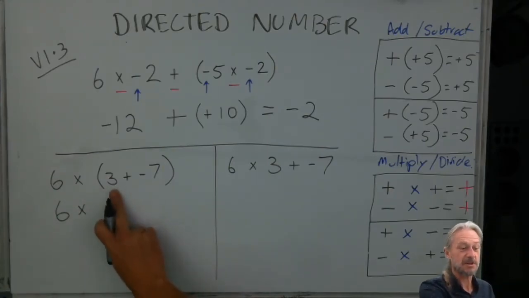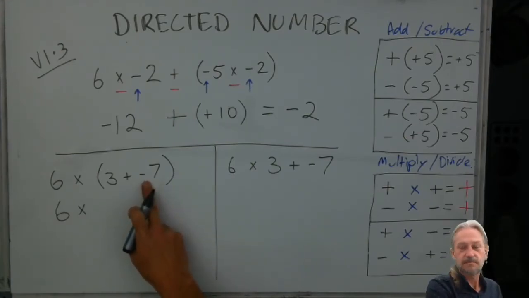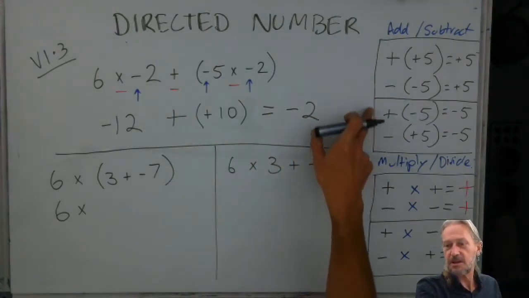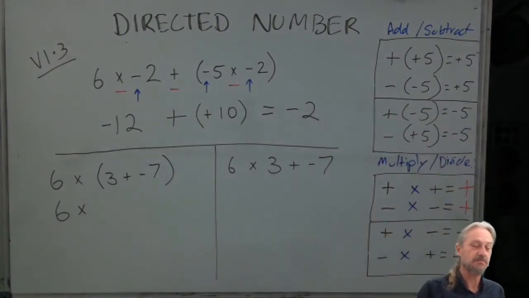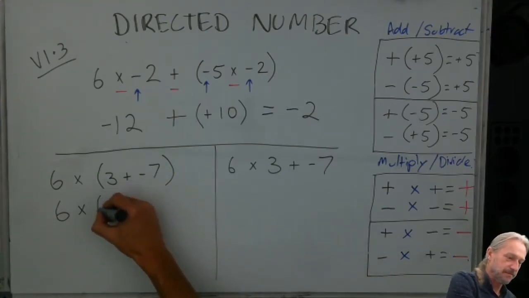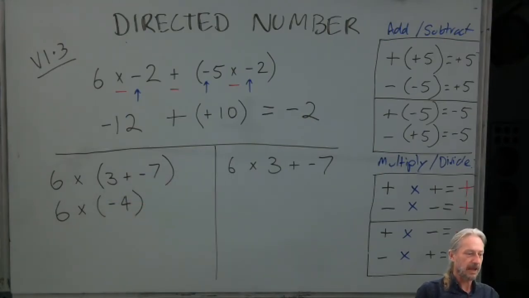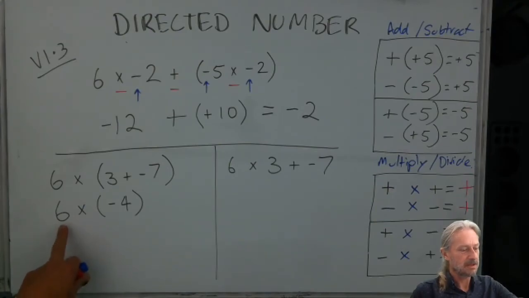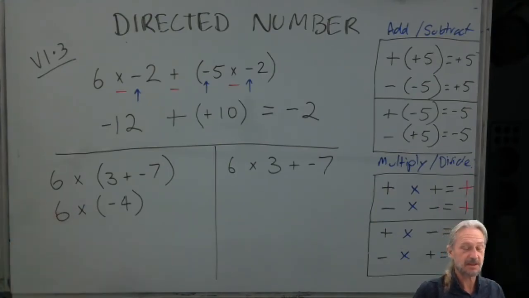So over here, I'm just going to rewrite that 6 times, and we'll see what we get here. So we're starting at +3, and we're taking away 7. So we're going to end up at -4, and then 6 times negative 4, so don't forget this is positive 6.